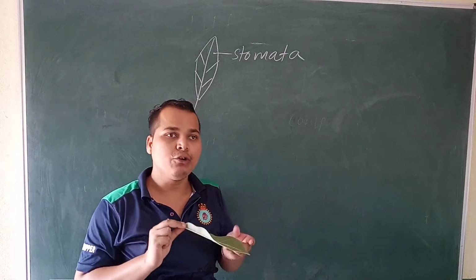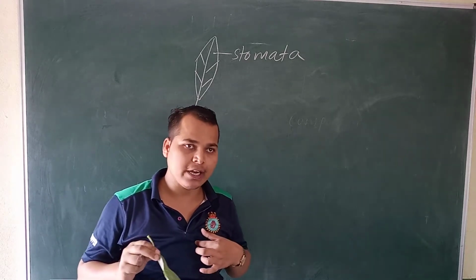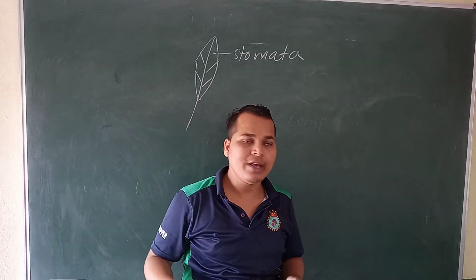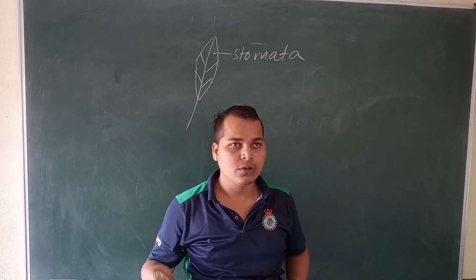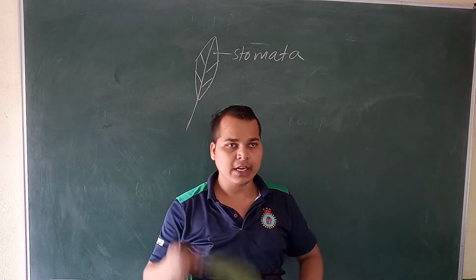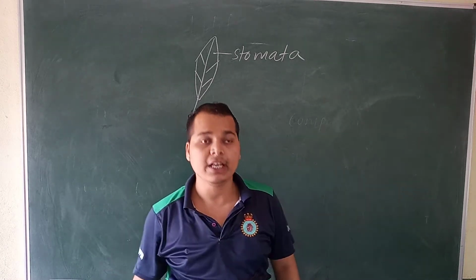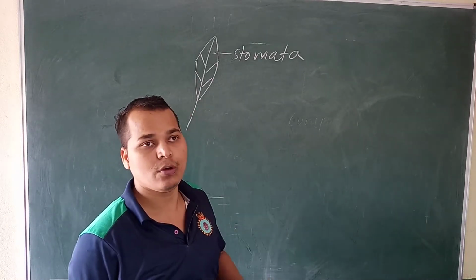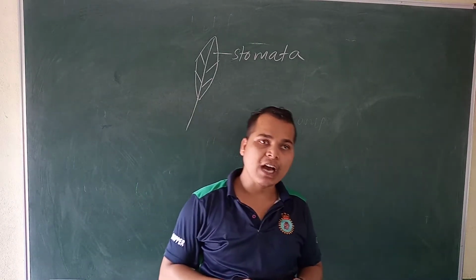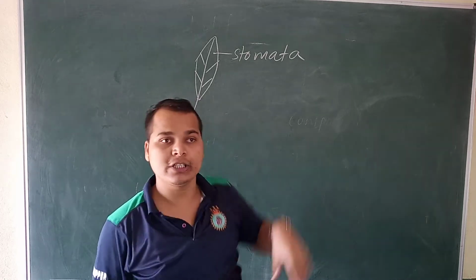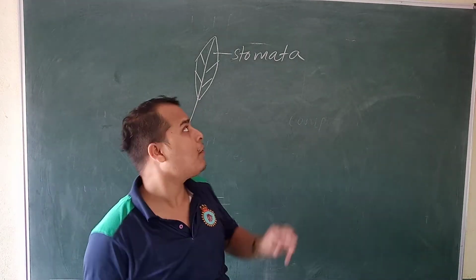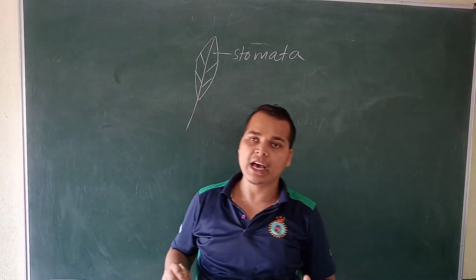Like human beings, we also take oxygen and release carbon dioxide. We are breathing, which means we are taking oxygen and releasing carbon dioxide. Like that, leaves also take carbon dioxide and release oxygen. They also open and close their holes.